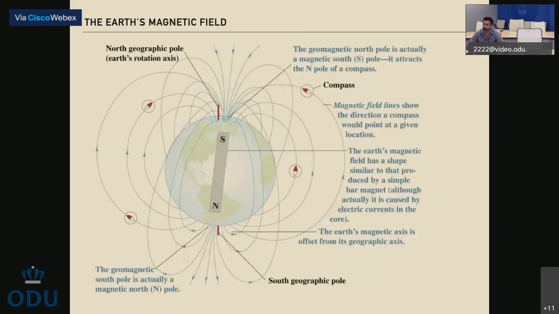Okay, and I already mentioned that the Earth itself generates a magnetic field, which is what compasses align themselves with. Basically, you have a little compass which has a north end and a south end, and the north end points towards the north.